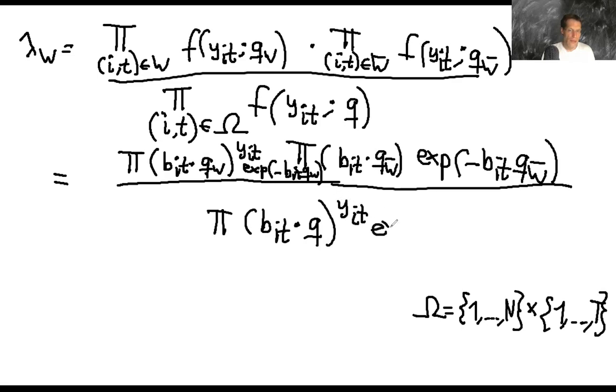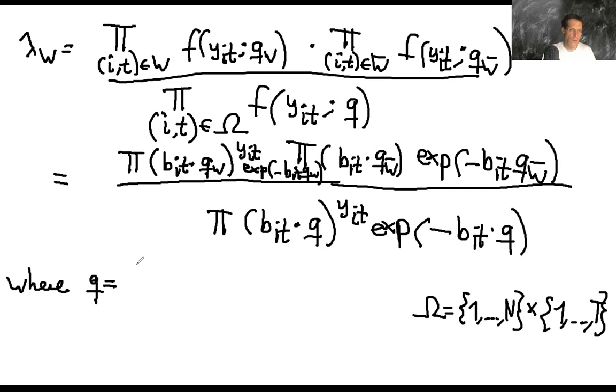And then here you would have exp minus bit times q, right? And what is q? Well, that's the overall estimate, where q is equal to y overall divided by the b overall, like this.